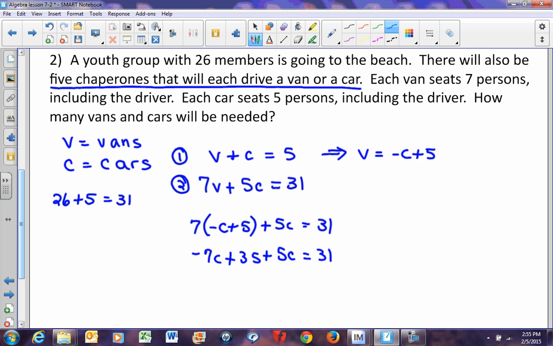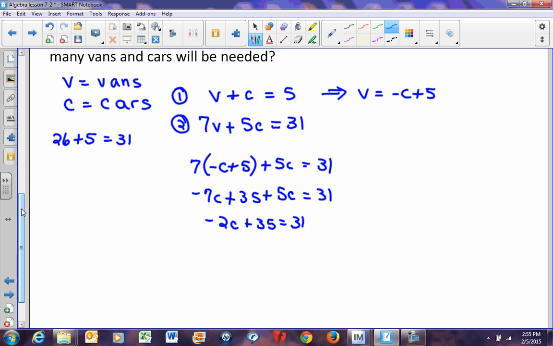Negative 7c plus 5c is negative 2c plus 35 equals 31. If I want to solve this, I will subtract 35, and I get negative 2c equals negative 4. Divide by negative 2. c will equal 2. So now I know I need 2 cars.